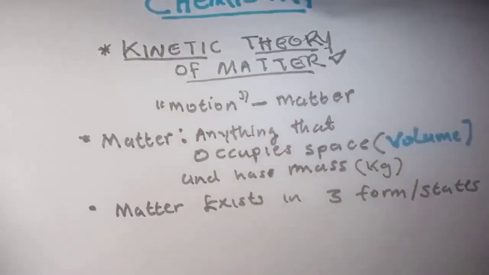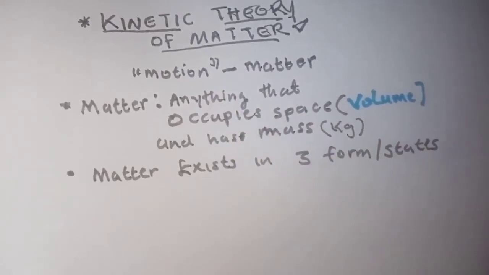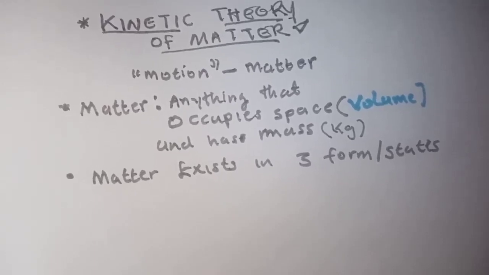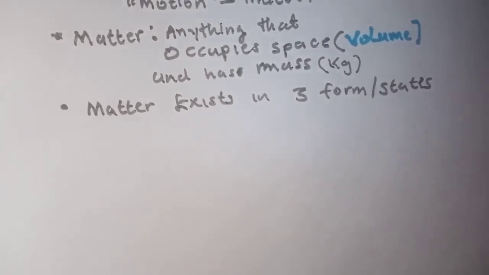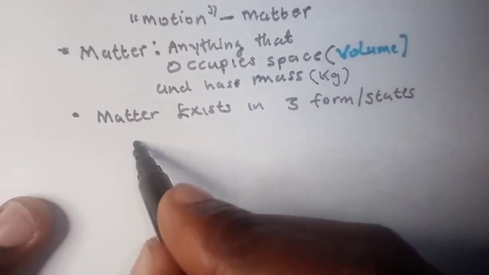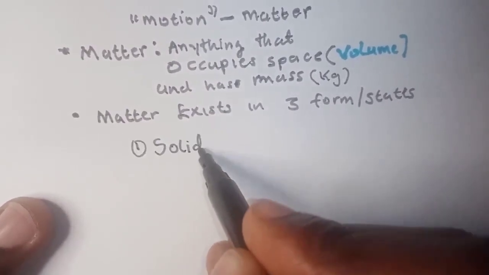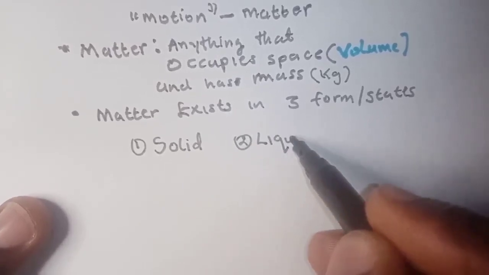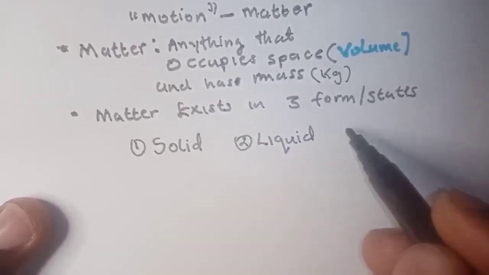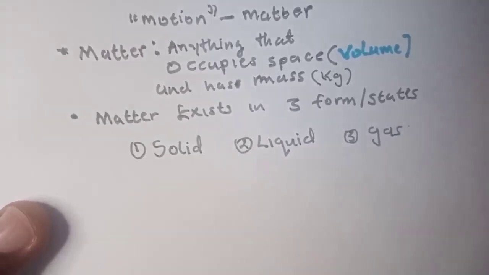Number one, matter can exist as a solid. Number two, it can exist as a liquid. Number three, matter can exist as a gas.